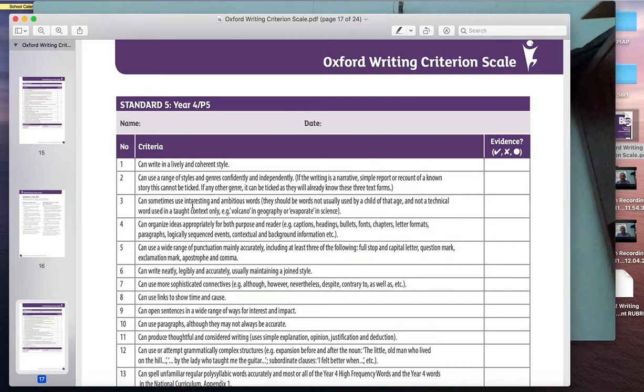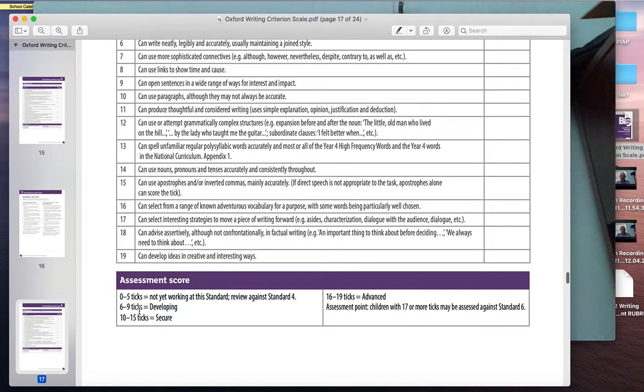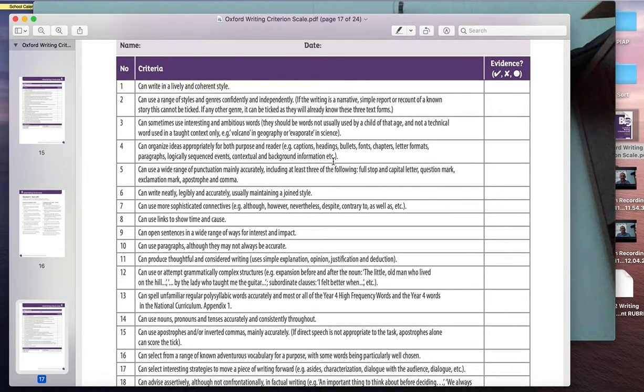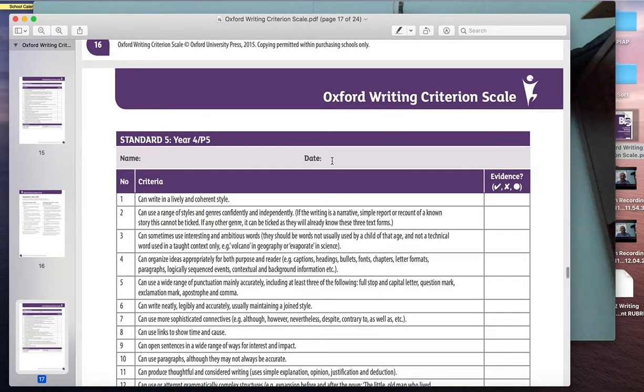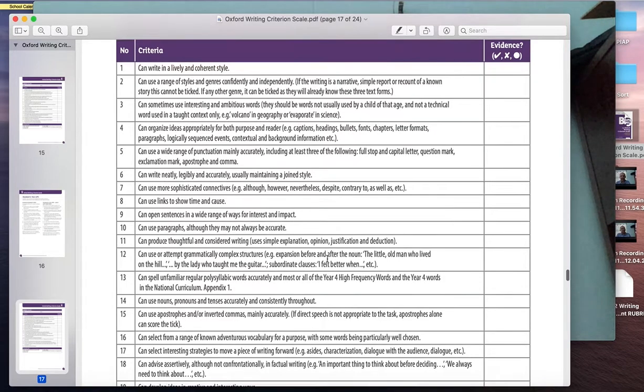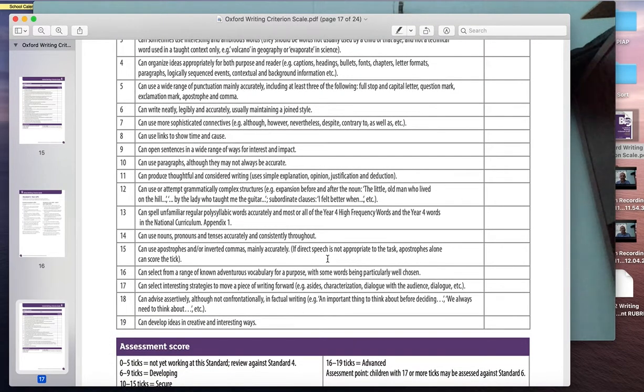Now, the other thing that I would do, if you find that any of your students has very few ticks on this, it might be worth going back and looking at the year 3 criterion scale and filling it out as well. You will not be able to use the year 3 scale to make a judgment on your students if they're year 4, because you have to use the year 4 standards.